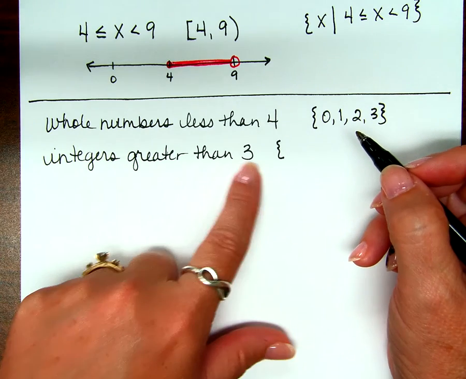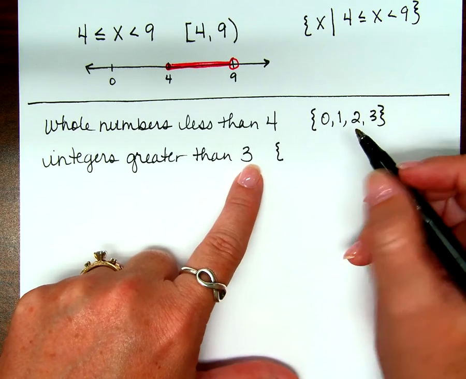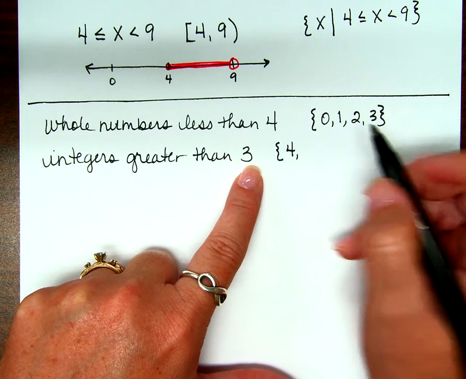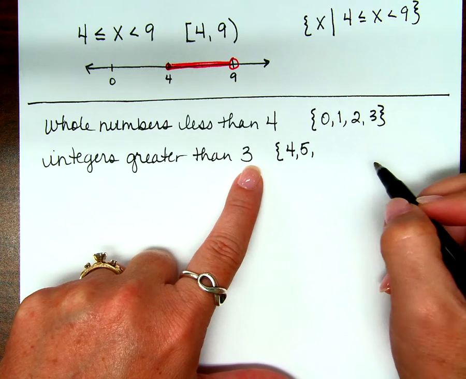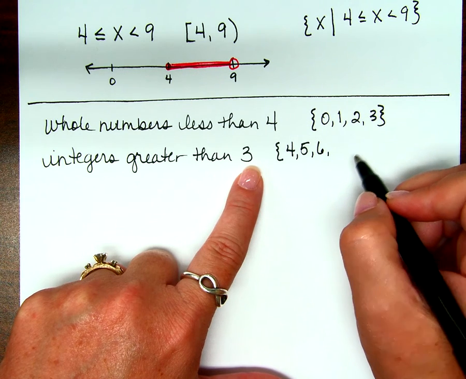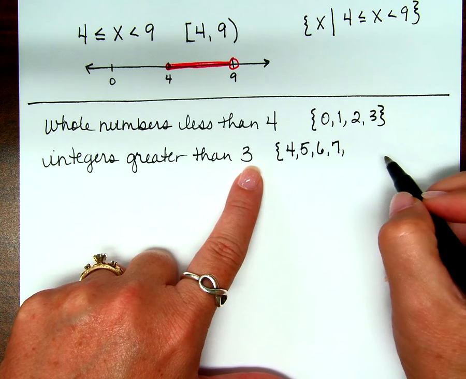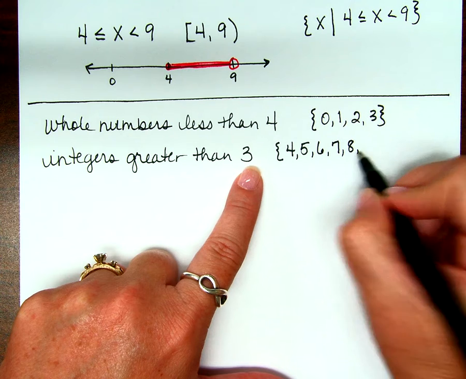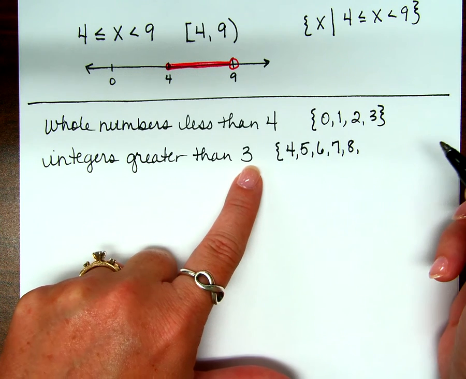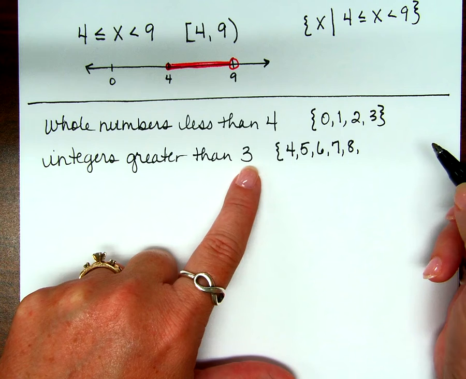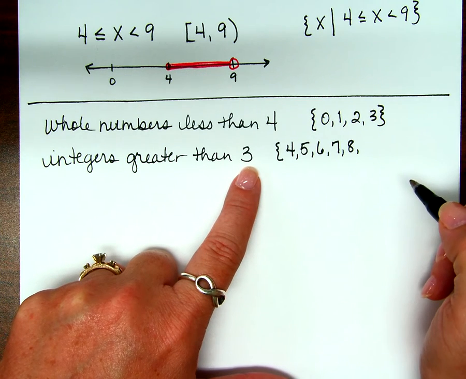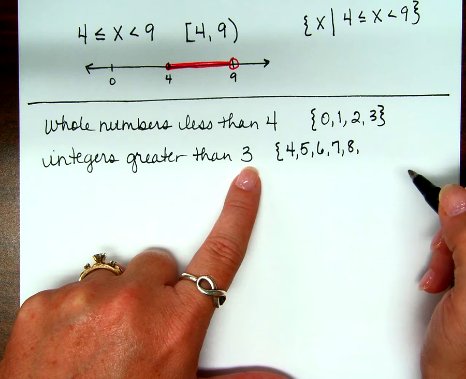I want integers greater than 3, so it would be what? 4, 5, 6, 7, 8. Anybody see a problem? When am I going to finish my homework if I'm writing all the integers greater than 3? Never. Never ever. Yes, we can.